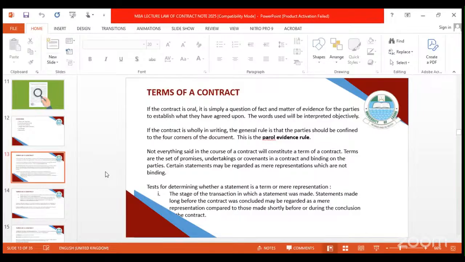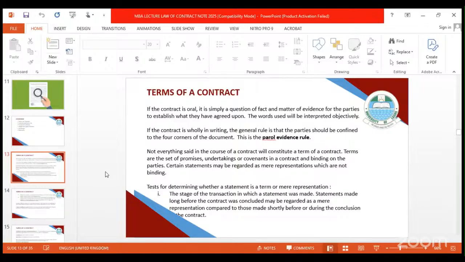But in construing whether a statement is a term of the contract, it's a question of facts, and of course the parties must also prove it. Because it is oral, one of the common ways of proving an oral contract is by oral evidence. That is, if you have someone that was present when those parties were making those statements, or anything that you can show that that was what the parties agreed upon.